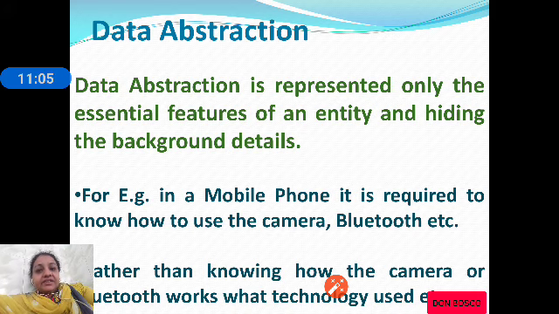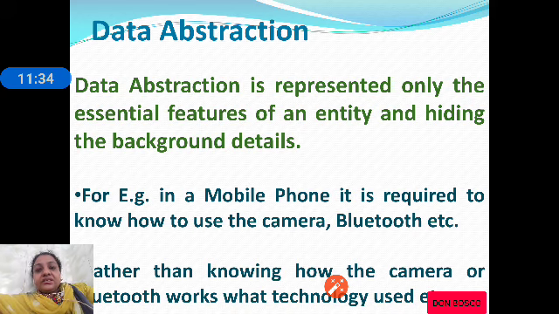For example, consider a mobile phone. A mobile phone has Bluetooth, camera, Wi-Fi, etc. We are interested in knowing how to use the camera or Bluetooth. We are not interested in knowing how the camera works, what technology is used, or what the lens size is.